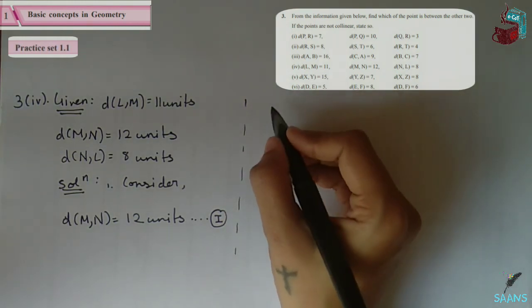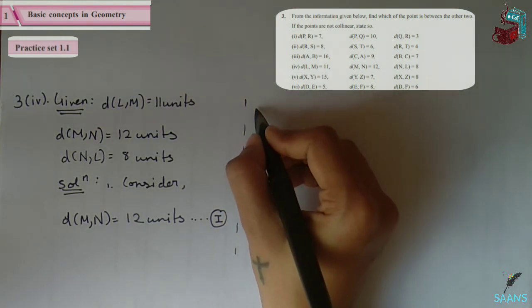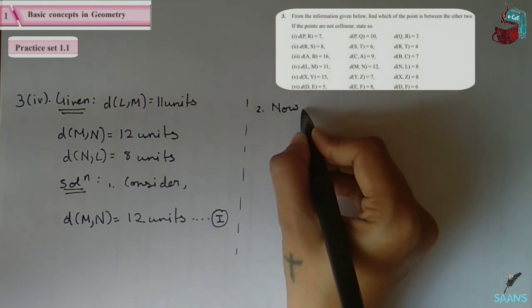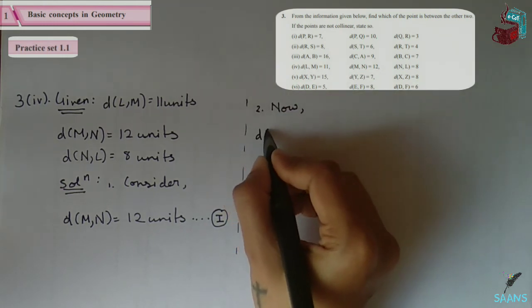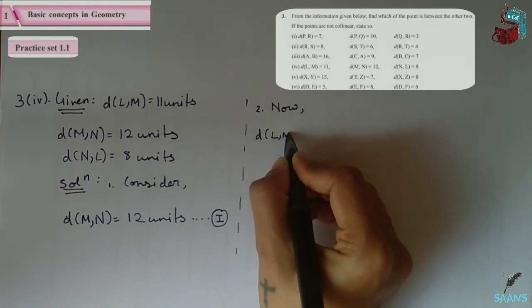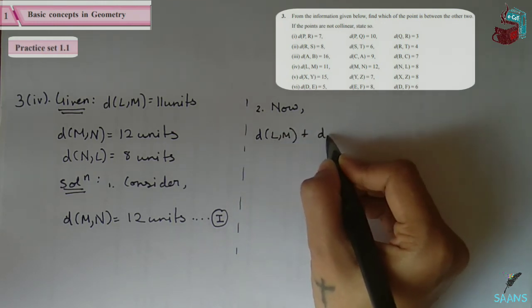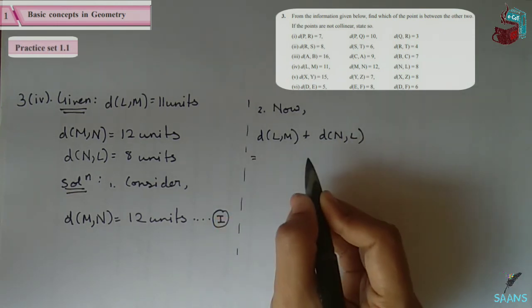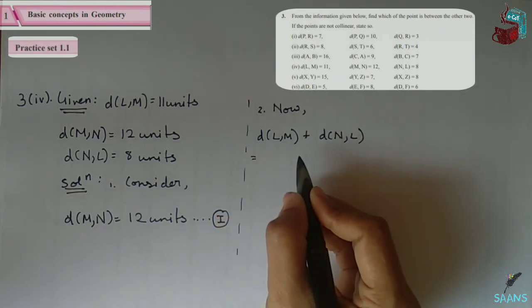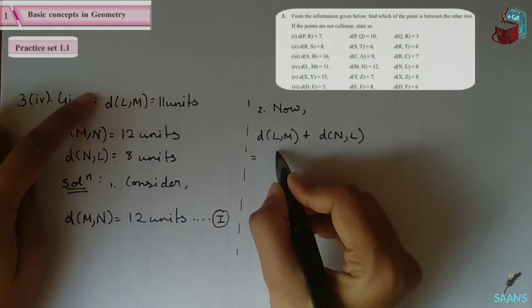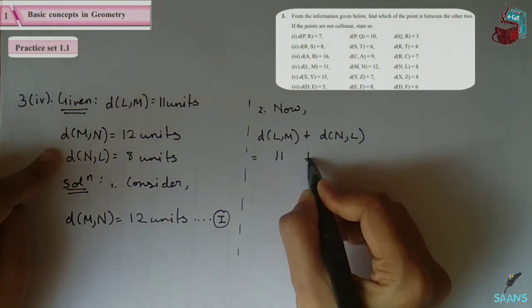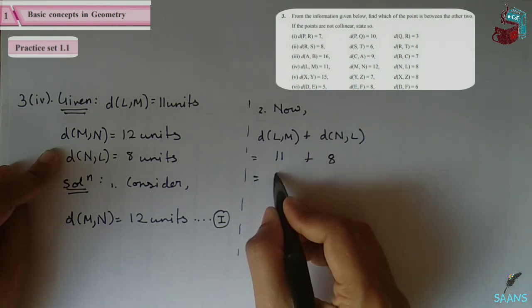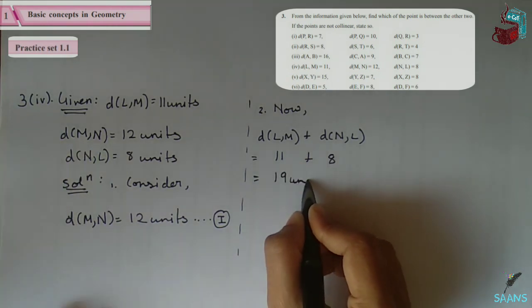Then the second one: distance LM plus distance NL is equal to LM is 11 plus NL is 8 units. So 11 plus 8 is 19 units.